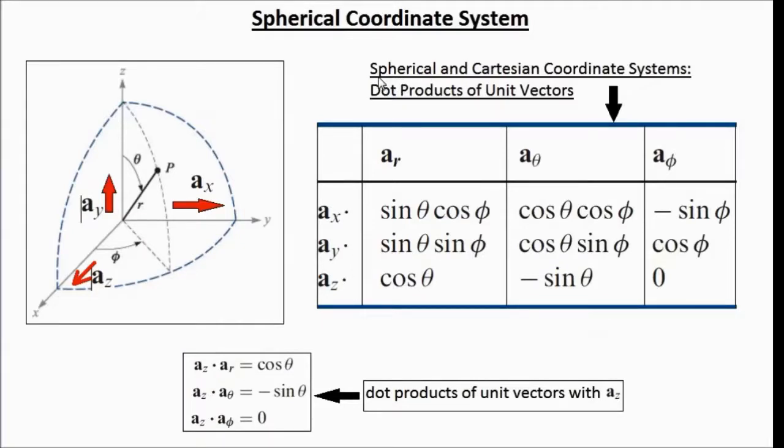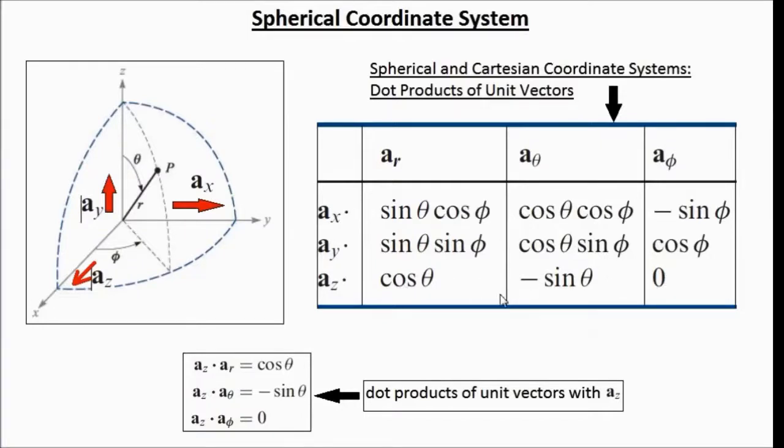Now, the unit vectors a_x, a_y, and a_z have their components along the a_r, a_theta, and a_phi directions, which are the unit vectors in the spherical coordinate system. The a_z component, for example, may be computed along a_r, a_theta, and a_phi by taking the dot product of a_z with the unit vectors a_r, a_theta, and a_phi, and it works out to be cos theta, minus sin theta, and 0, which are shown here.